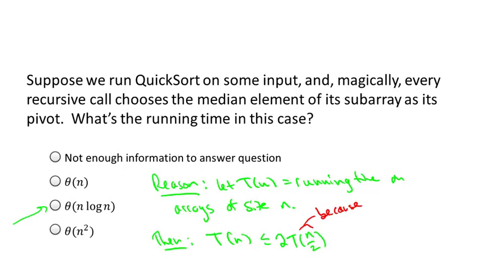So that's what gets done by the two recursive calls. And then how much work do we do outside of the recursive calls? Well, we have to do the choose pivot subroutine. And I guess strictly speaking, I haven't said how that was implemented. But let's assume that choose pivot does only a linear amount of work. And then as we've seen, the partition subroutine only does a linear amount of work as well. So let's say O of n for work outside of the recursive calls.